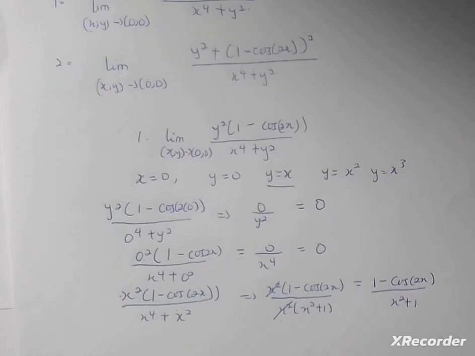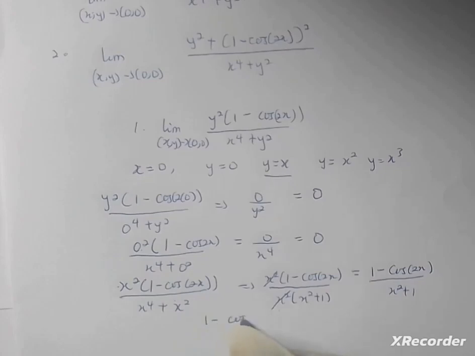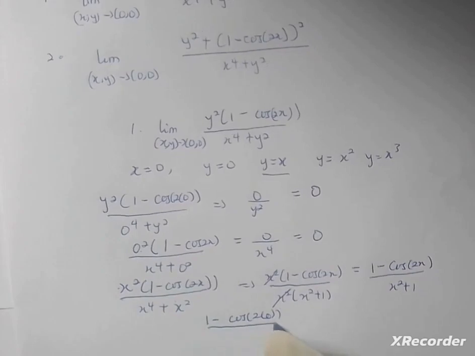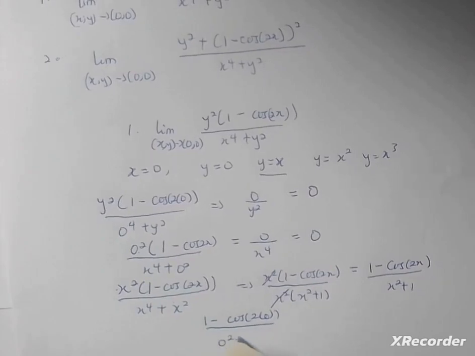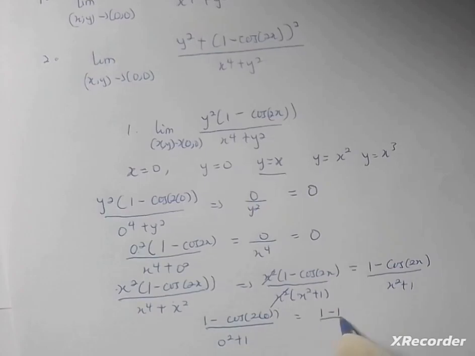Now this is my resulting function and I'm to find the limit as x approaches 0. So what do I get? You know that if I'm to put 0 here, I'm going to get 1 minus cos 2 multiplying 0 all over what? 0 squared plus 1. And this will give me 1 minus 1, since cos 2 multiplying 0 is the same as cos 0, all over 1.